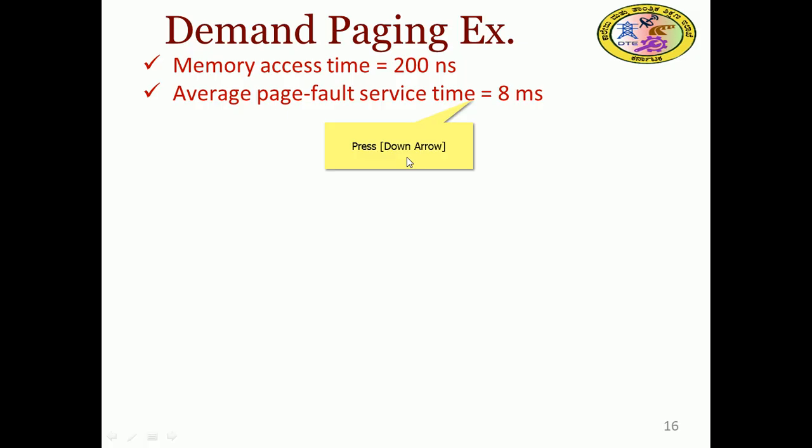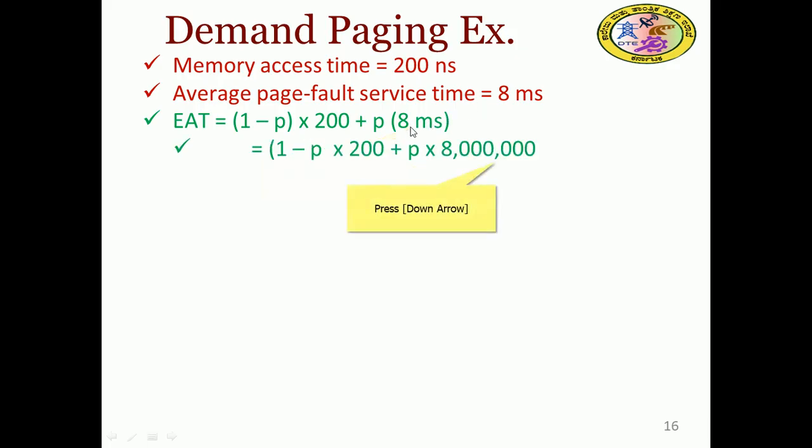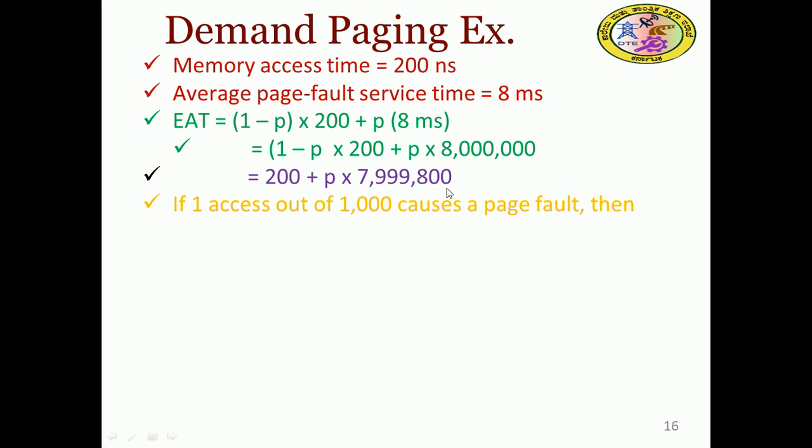The average page fault service time is equal to 8 milliseconds. So we have (1 minus p) times 200 plus p times 8 milliseconds, which is around 8 lakhs, so 200 plus p times 7 lakhs 99800.